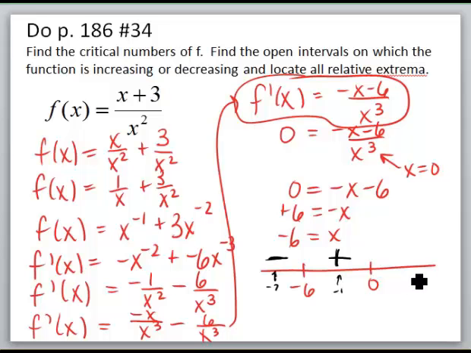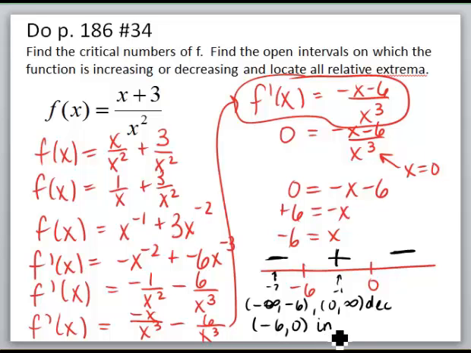And then the last one here, from 1, when I put 1 in there, I ended up with negative 7 over 1, which is a negative interval, meaning it's decreasing. So the intervals of decrease are from negative infinity to negative 6, and from 0 to infinity. So those are decreasing. And then our interval of increase is from negative 6 to 0. So this is where it's increasing.